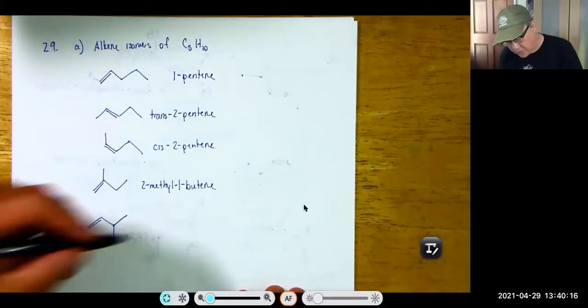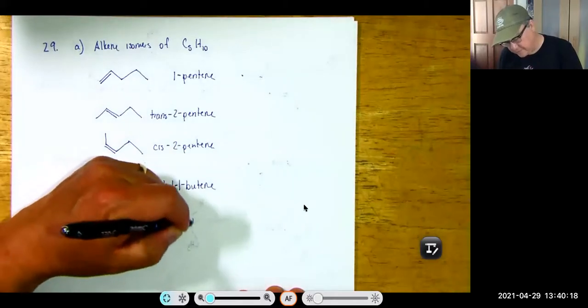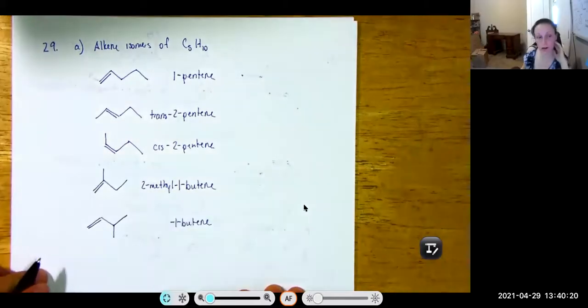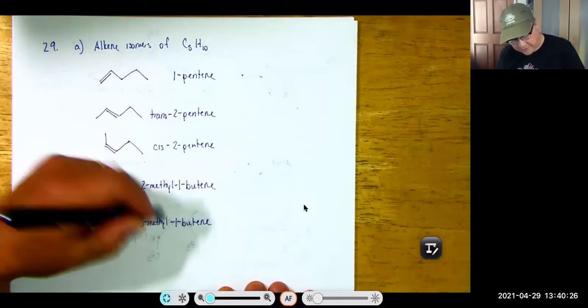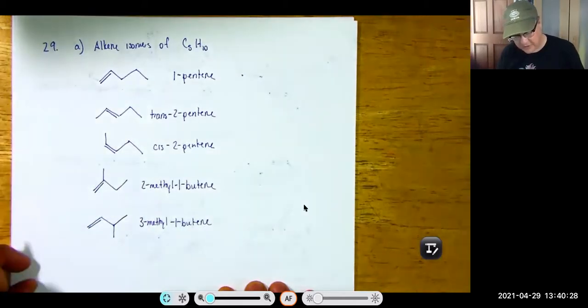What's it called? 1-butene, right? With the methyl on 3. So are these 2 different molecules that I've just drawn? Absolutely, they are different. And we know they're different because we named them correctly and they have different names.